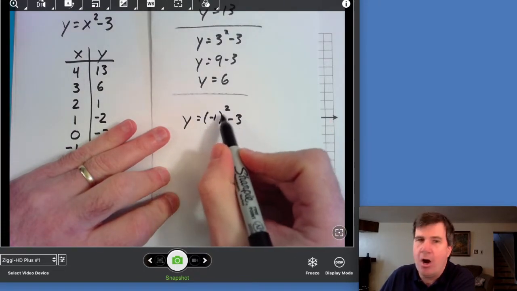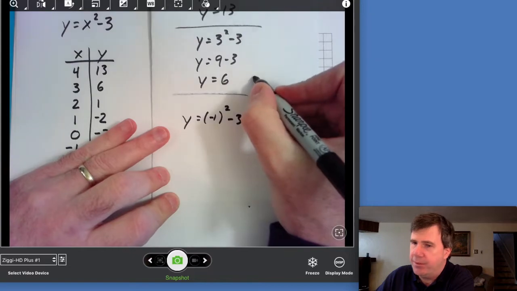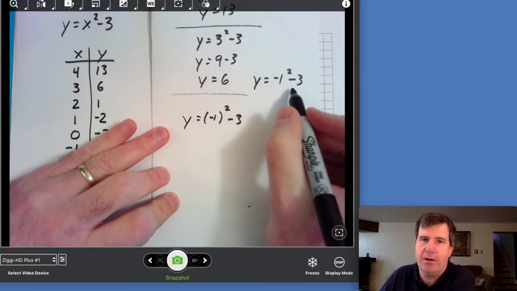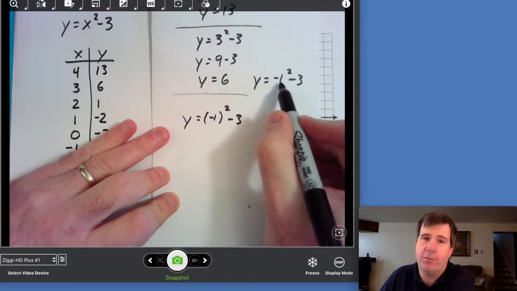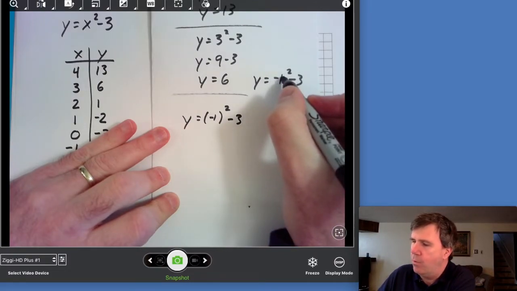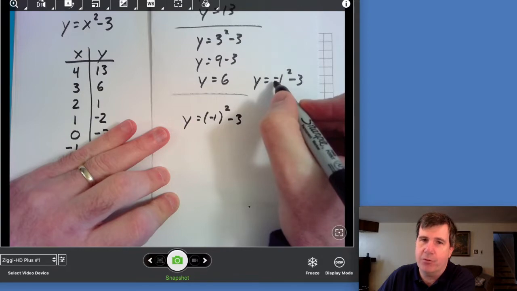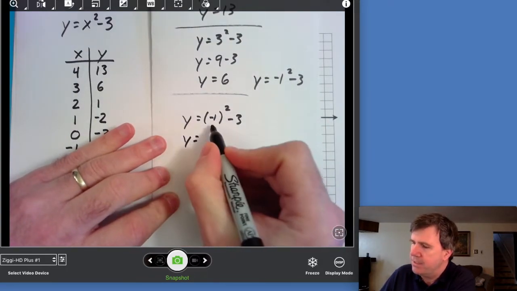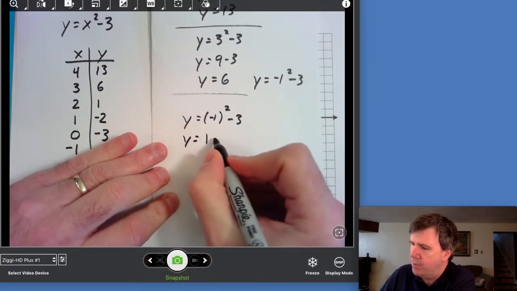So here we're squaring all of negative 1. If I wrote it without the parentheses, it would look like this. And if you put this in a calculator without putting this in parentheses, you're going to get the wrong answer because it's only going to square the 1 and then take the opposite afterwards. But we actually want to square all of negative 1. Negative 1 times negative 1 is positive 1.